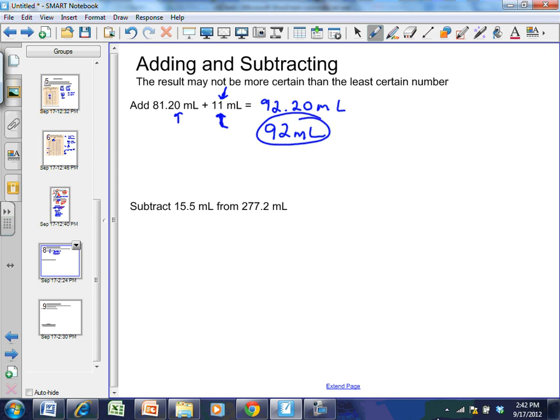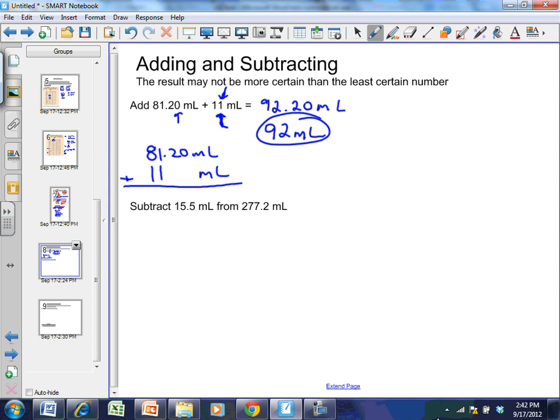Now, if you set it up vertically, you'll almost never get it wrong. So let's look at that. 81.20 mils. Go as far left as you can go in each. Whichever one is farthest left is the least certain spot, and that's where your answer has to go to.